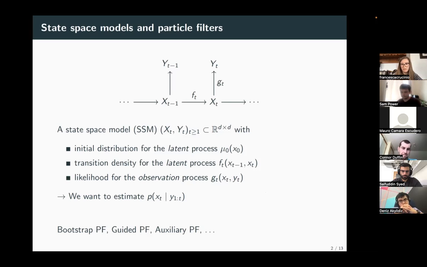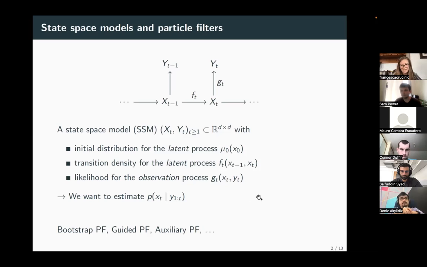And depending on how good or bad this weight is, we decide if we want to keep the particle or get rid of it. You can imagine that this strategy works up to a point. So if you have very complicated models, in the sense that the observations are very informative, it doesn't work too well. And we can do better. Some examples of this doing better are the guided particle filter and the auxiliary particle filter, which we also kind of mentioned in the masterclass.